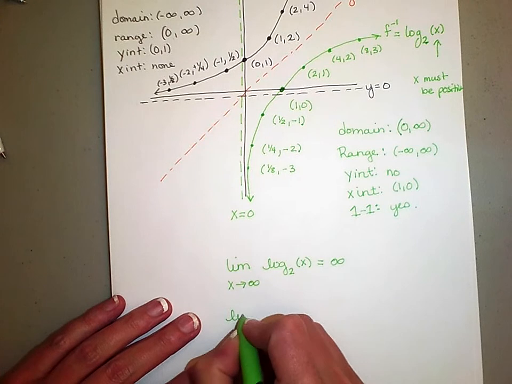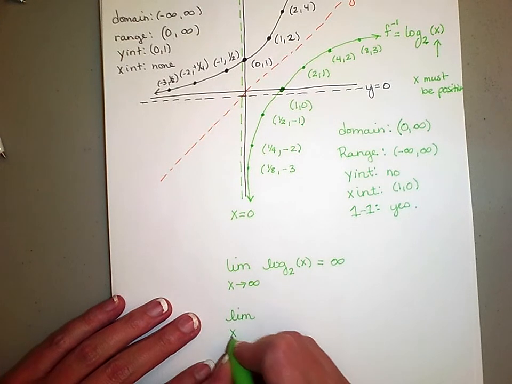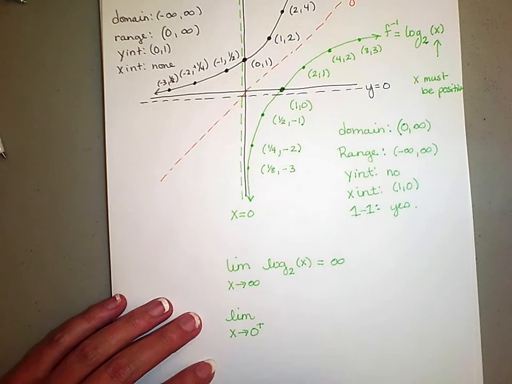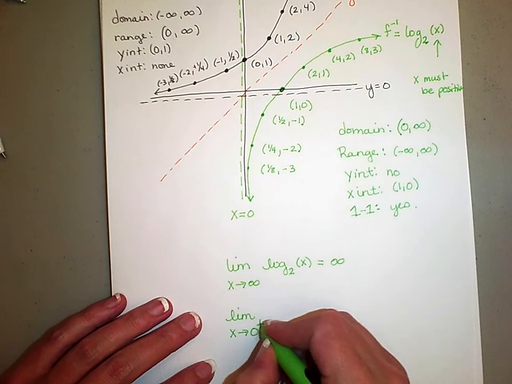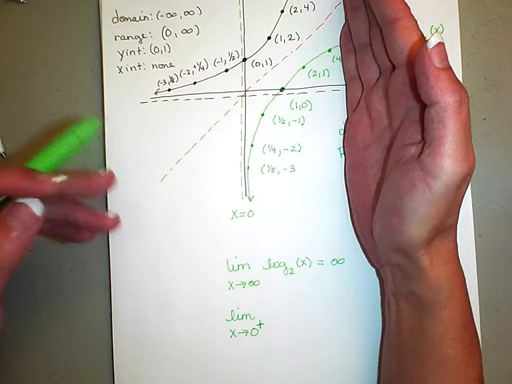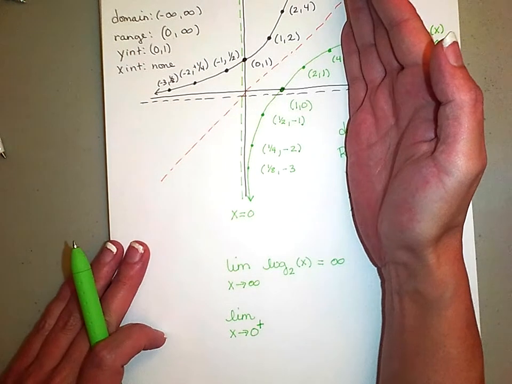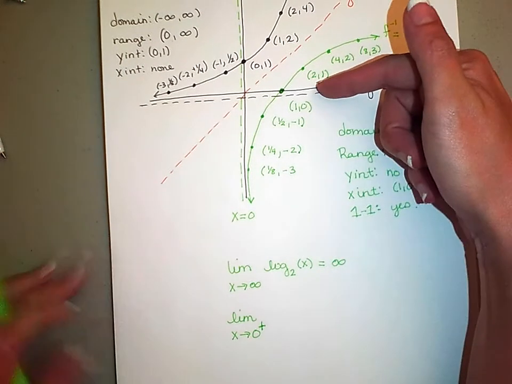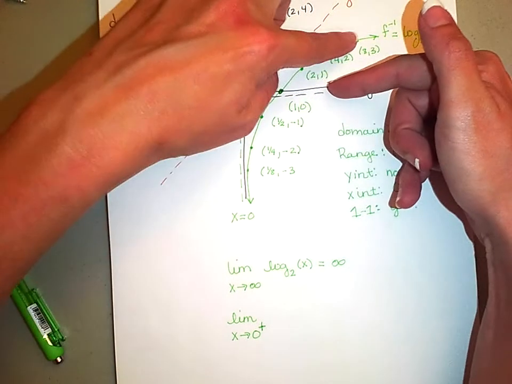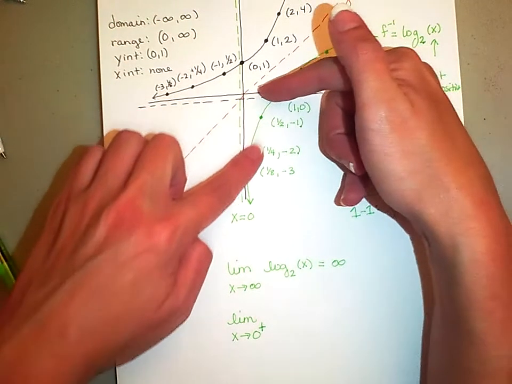I could also ask about this notation: the limit as x goes to 0 from the right. So here's 0. I want to be to the right of it. What's happening as I approach 0 from the right?